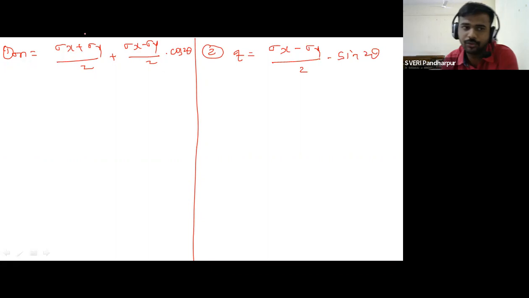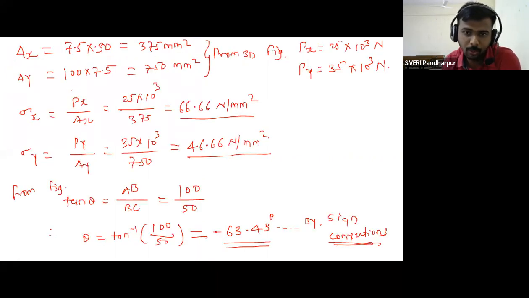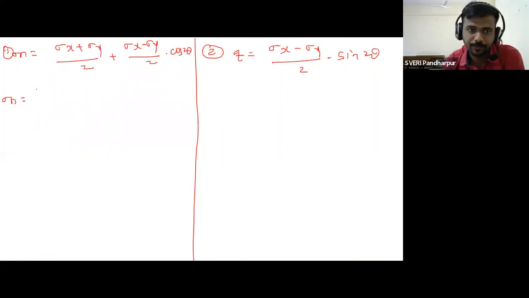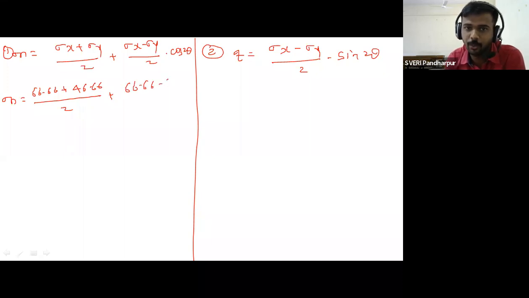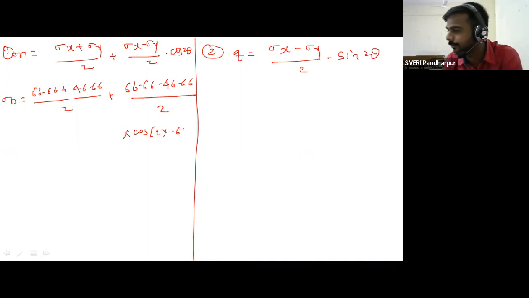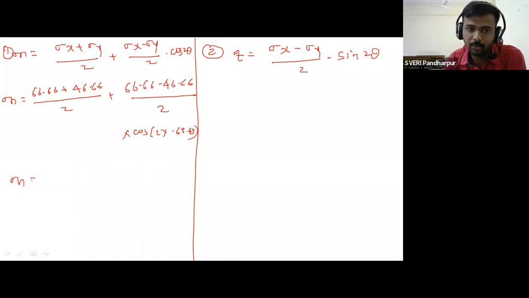So put all the values. Sigma n is equal to, sigma x is equal to 66.66. So 66.66 plus 46.66 divided by 2 plus 66.66 minus 46.66 divided by 2 multiply by cos 2 into minus 63.43. Tell me the sigma n value.